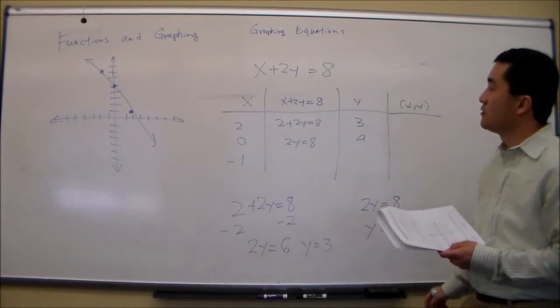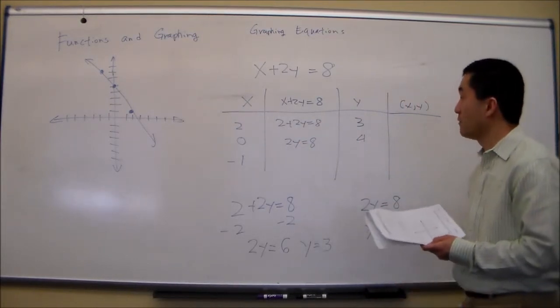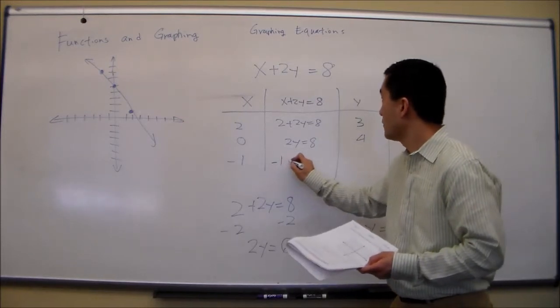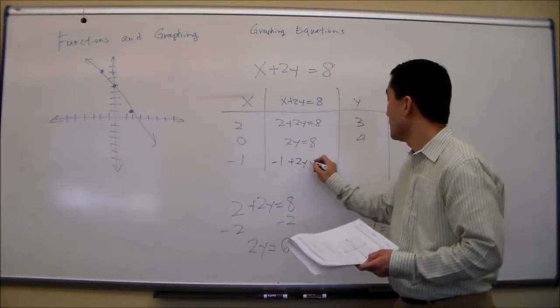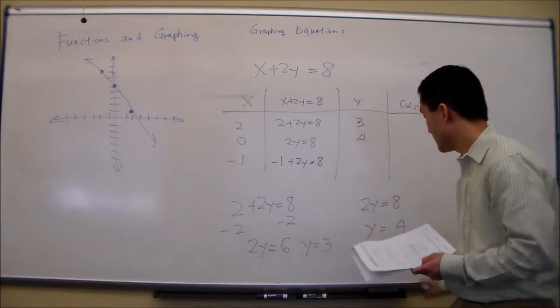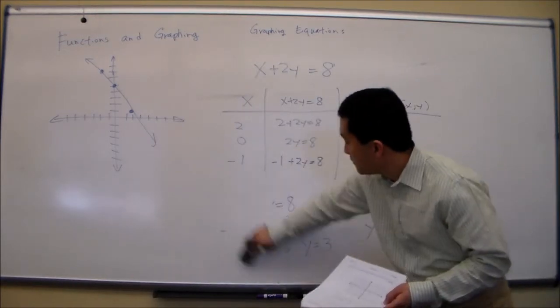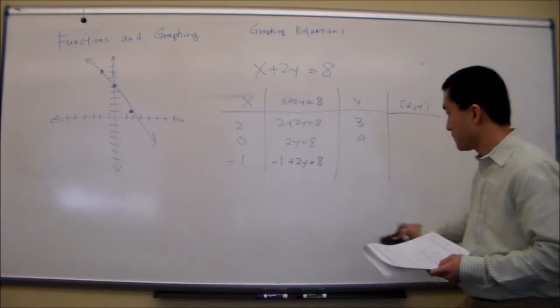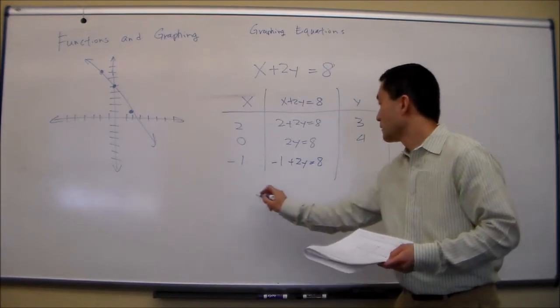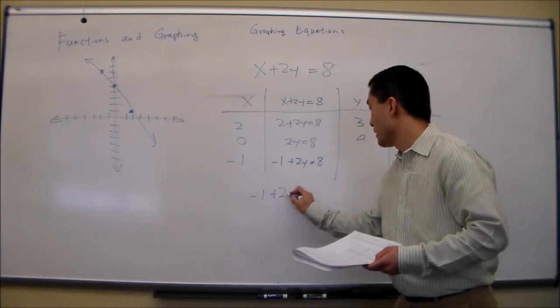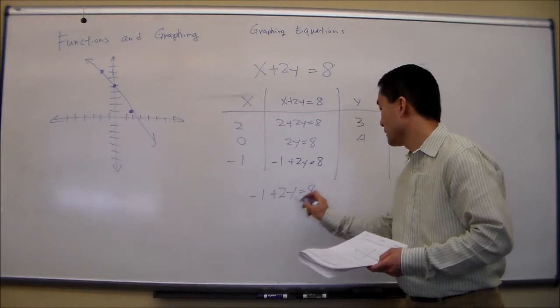Okay. Let's do negative 1, and hopefully I get it right this time. Negative 1 plus 2y is 8. So negative 1 plus 2y is 8.